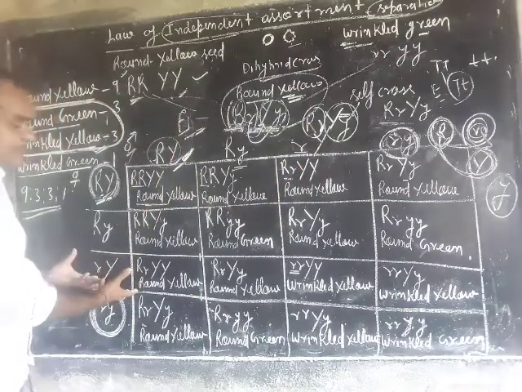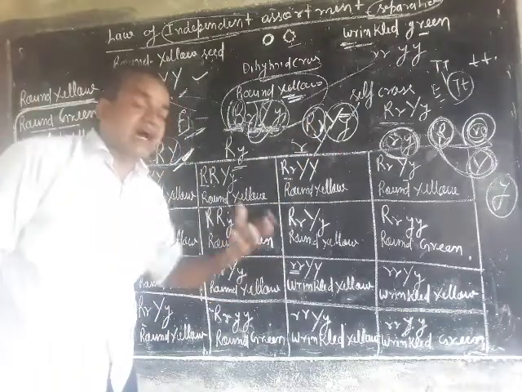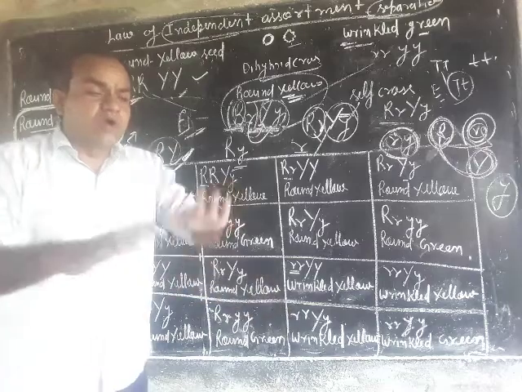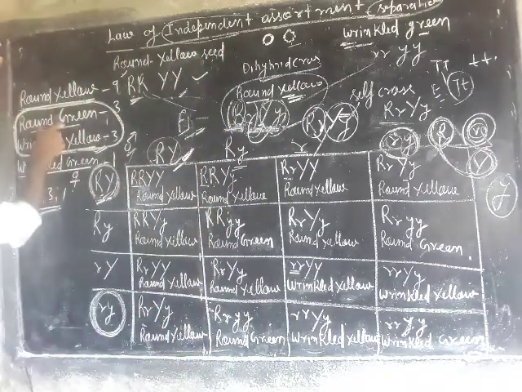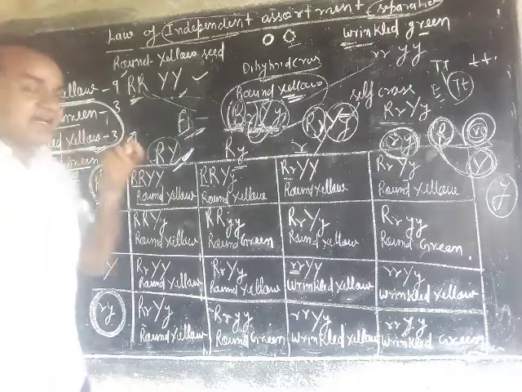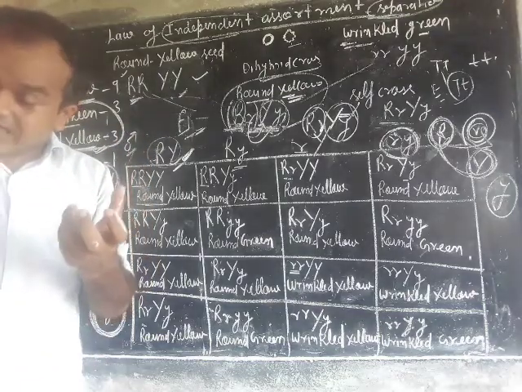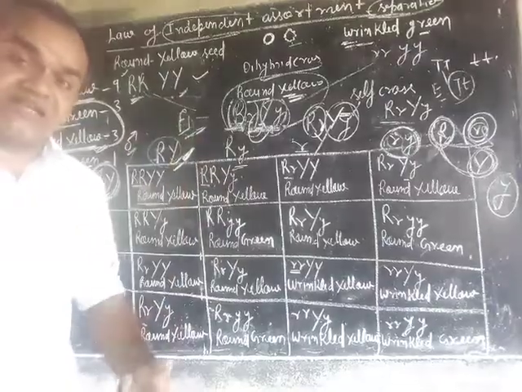At the time of fertilization, they produce new characteristic features which differ from their parents. And why do these new characteristic features come in the F2 generation?